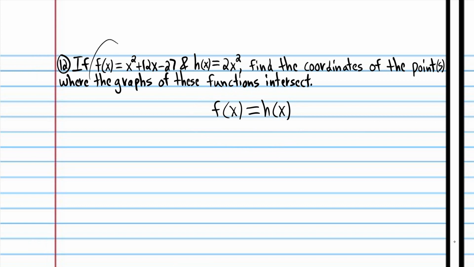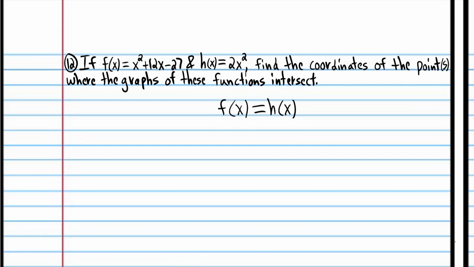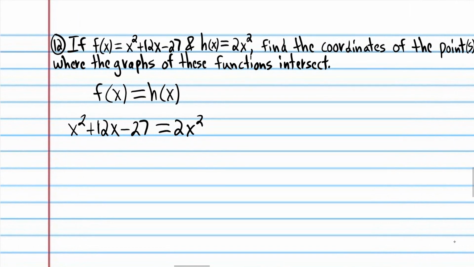So remember, f of x and g of x, that's the same thing as the y value of the corresponding coordinates. So we have x squared plus 12x minus 27 is equal to 2x squared. Now, you should recognize this as a special equation. If you don't recognize it, then that means there's no way you're going to be able to solve it.